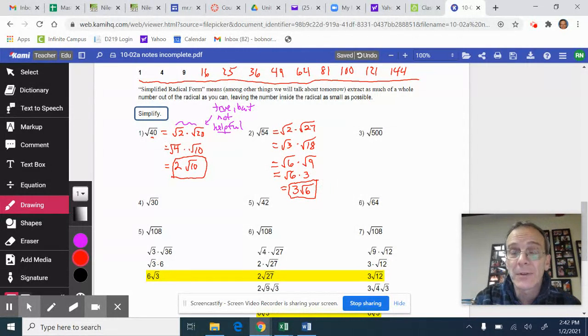Square root of 500. Oh my gosh. There's lots of factors of 500. And you could start, with your calculator, 500 divided by 2, by 3, by 4. You'd find lots and lots of factors. But come on, isn't there a fairly obvious number in this list of perfect squares, which is a factor of 500?